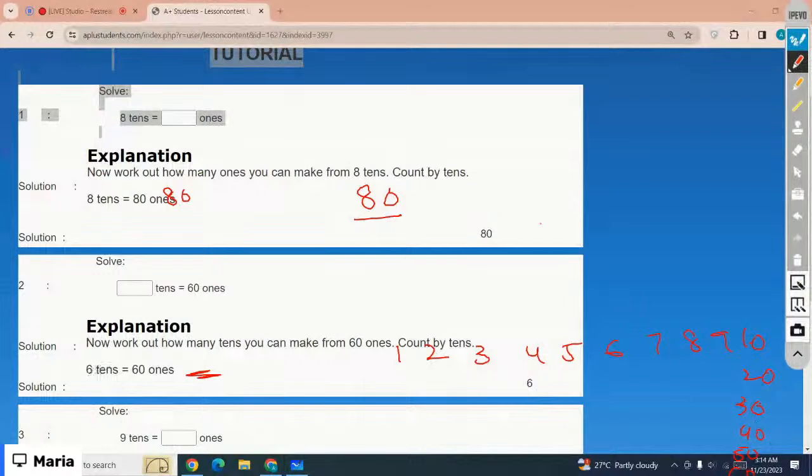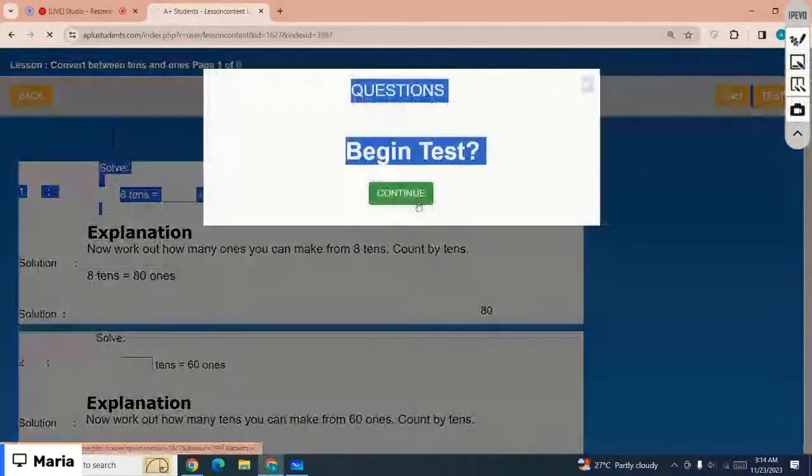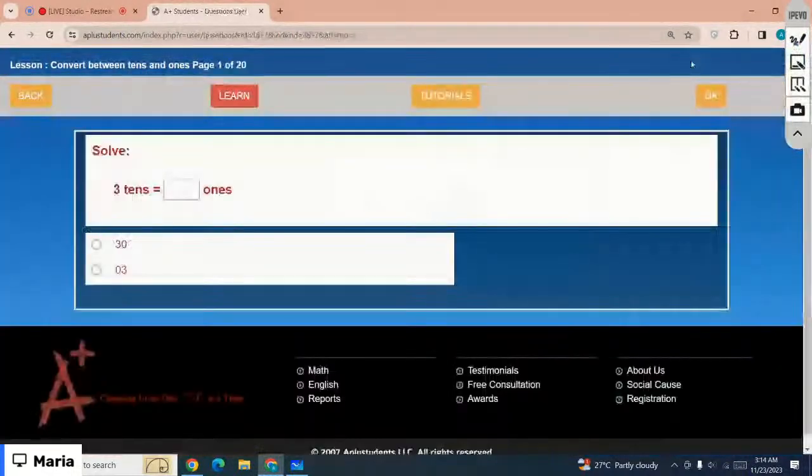Let's just start with the test questions. Okay, 3 tens equal how many ones?